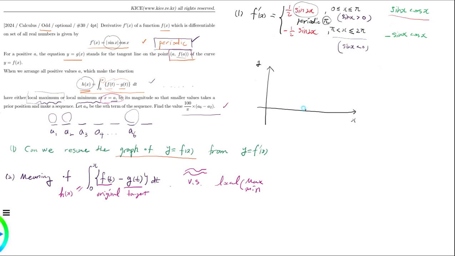So let's consider pi and 2 times pi, and there's 1/2 of pi, 3/2 of pi here. 1/2 times sine of 2x has a maximum value when x is pi over 4. The graph looks like the maximum value is 1/2.